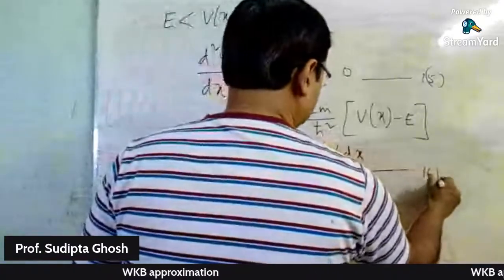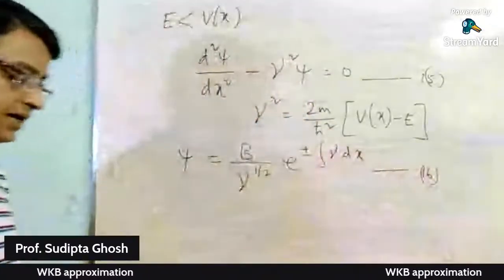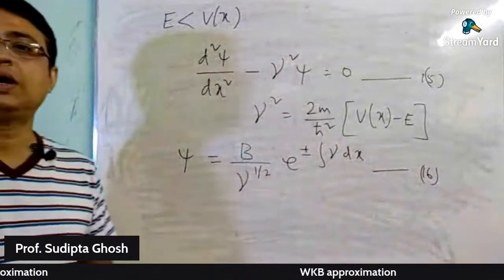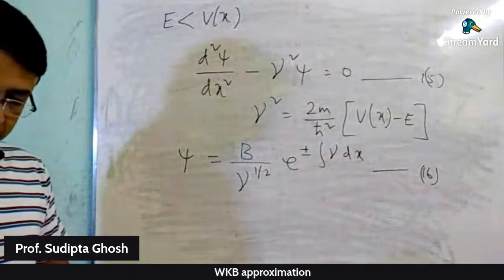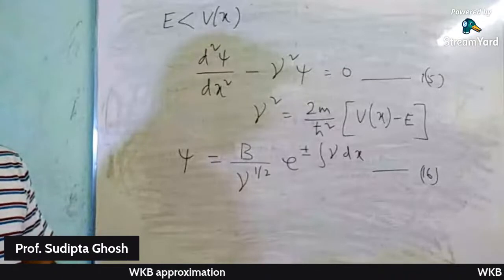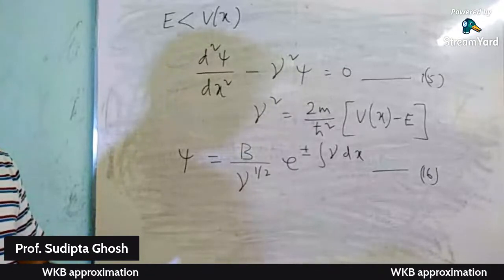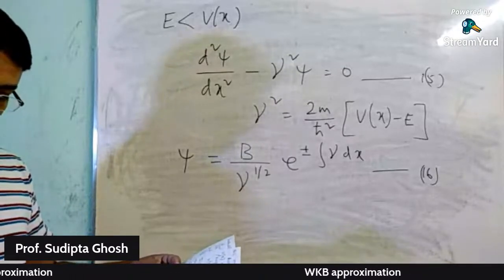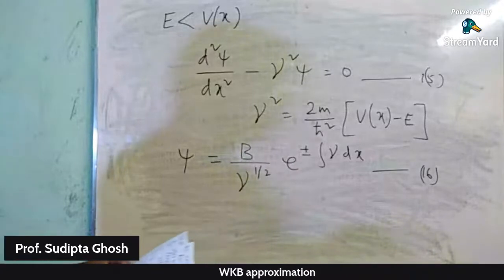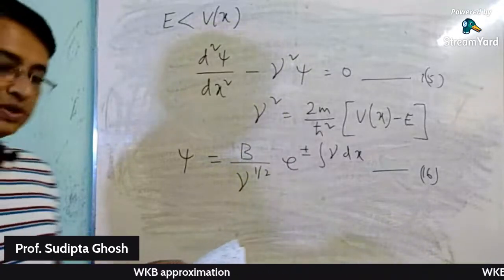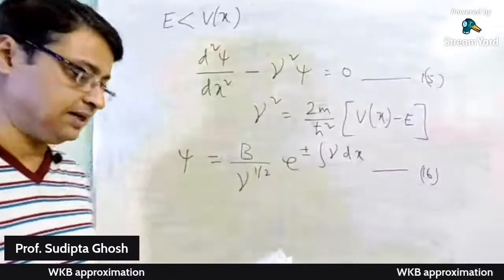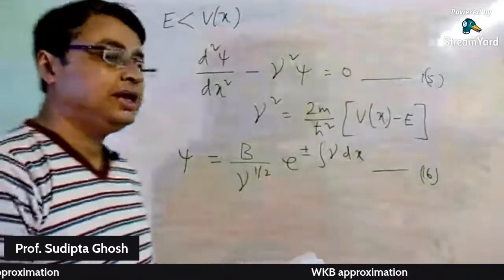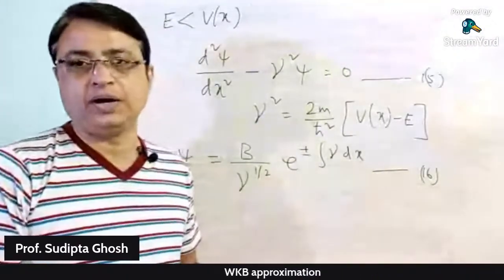Just note it down that here the term i is absent. The solution was given in equation 13 as psi equals A by k to the power half.